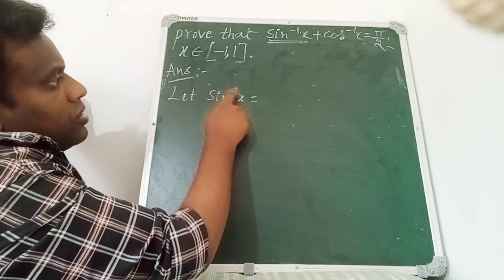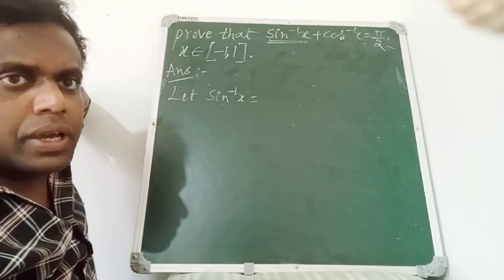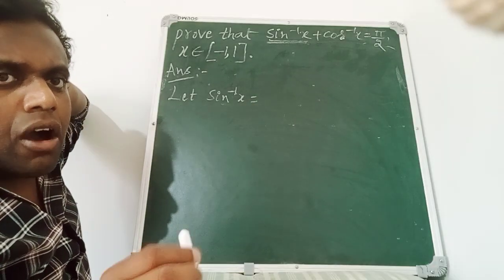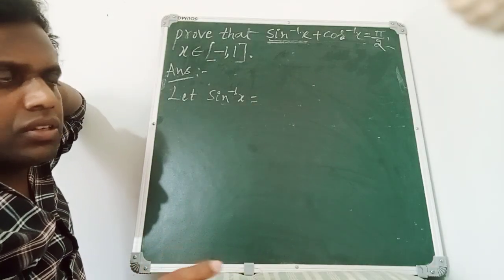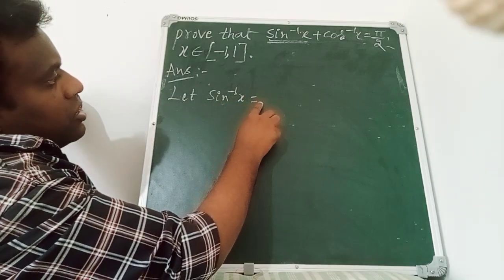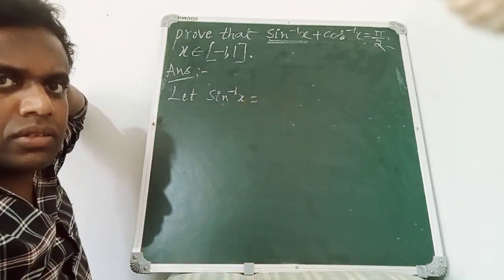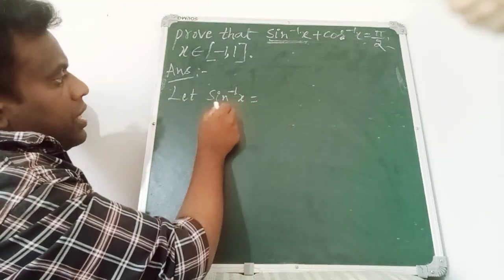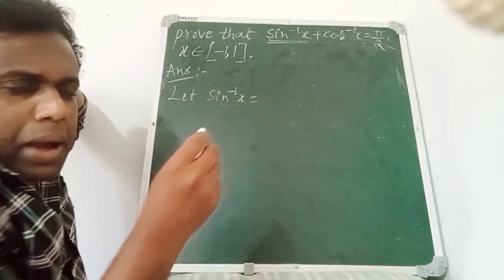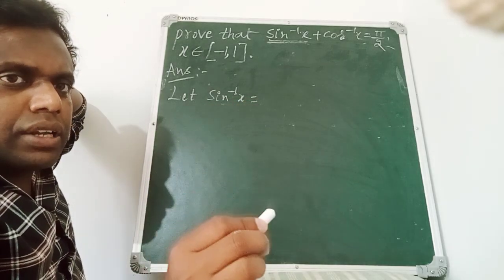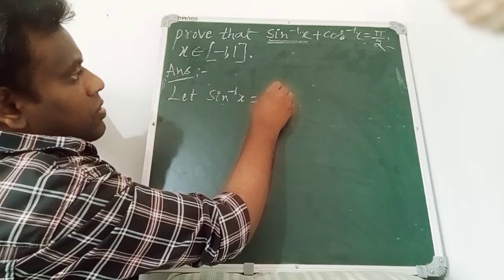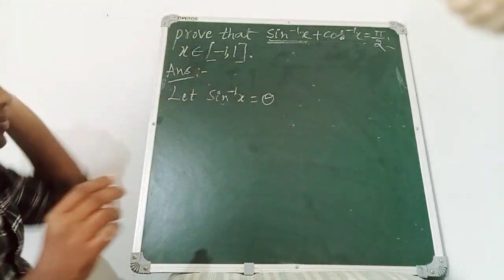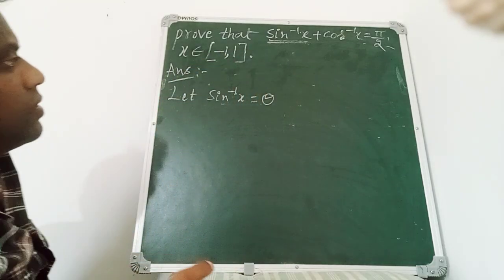When there is sine inverse, after the equal sign there will always be an angle. For an inverse function, that is equal to theta, some angle always. So I will take sine inverse of x is equal to some angle. That angle I will take as theta.